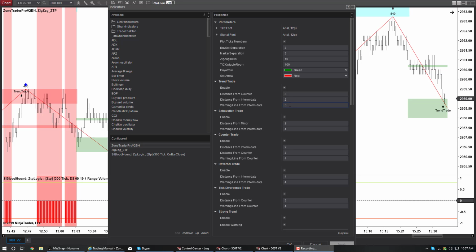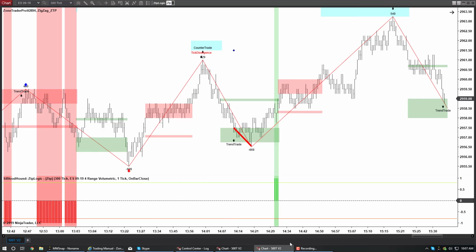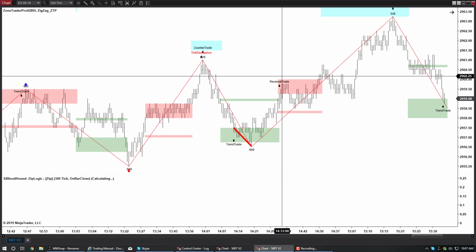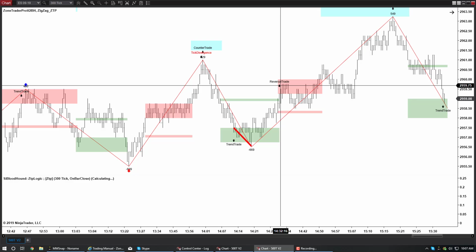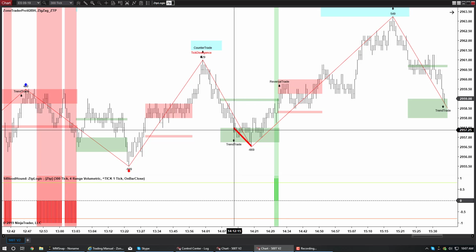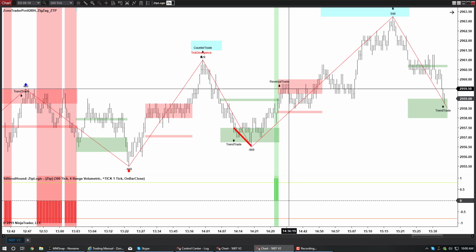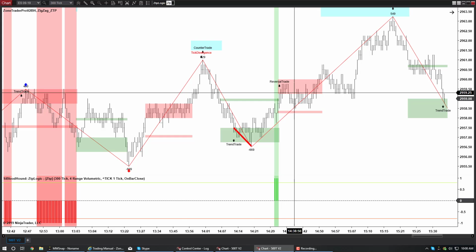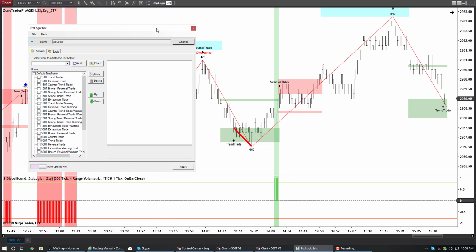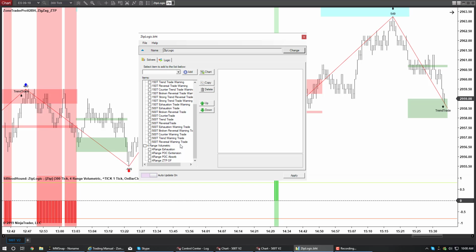So if I go and change this to a 4 here, I'm going to be getting a reversal trade now, because we've come 4 ticks through the zone. The reason Bloodhound isn't showing this is because in Bloodhound we have to set all of these values exactly the way they are set in the indicator.